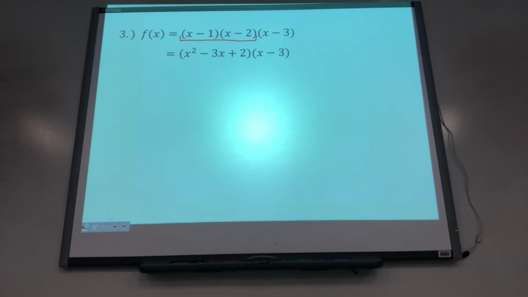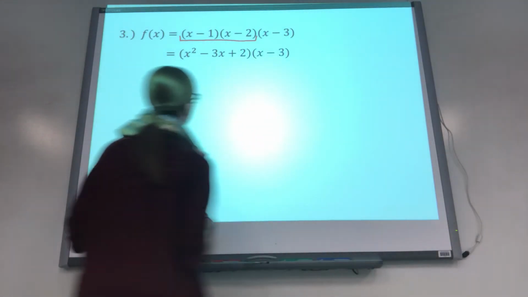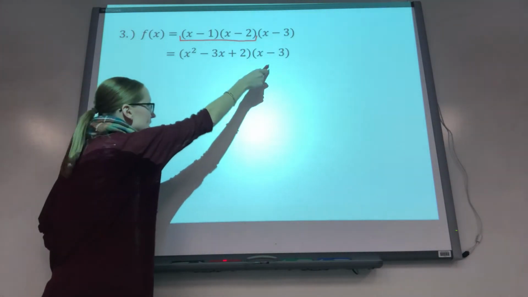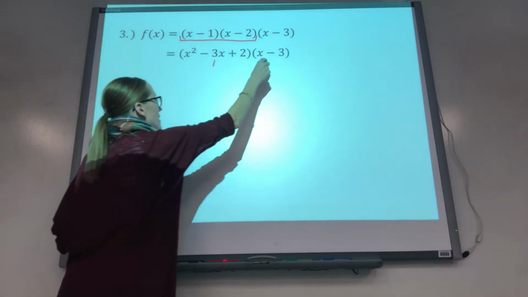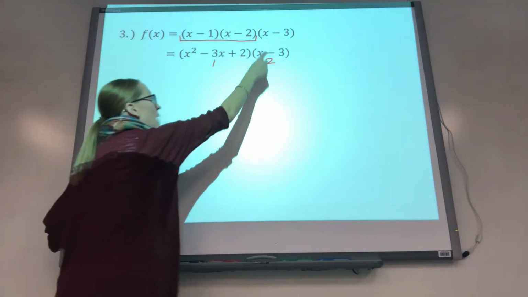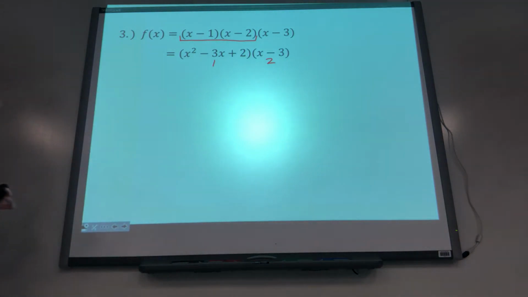But once you FOIL the x minus 1 and the x minus 2, once you combine your like terms, you should get x squared minus 3x plus 2. And it's still times x minus 3. So this is my 1, and that is my 2. And I can start the derivative now, 1d2 plus 2d1.